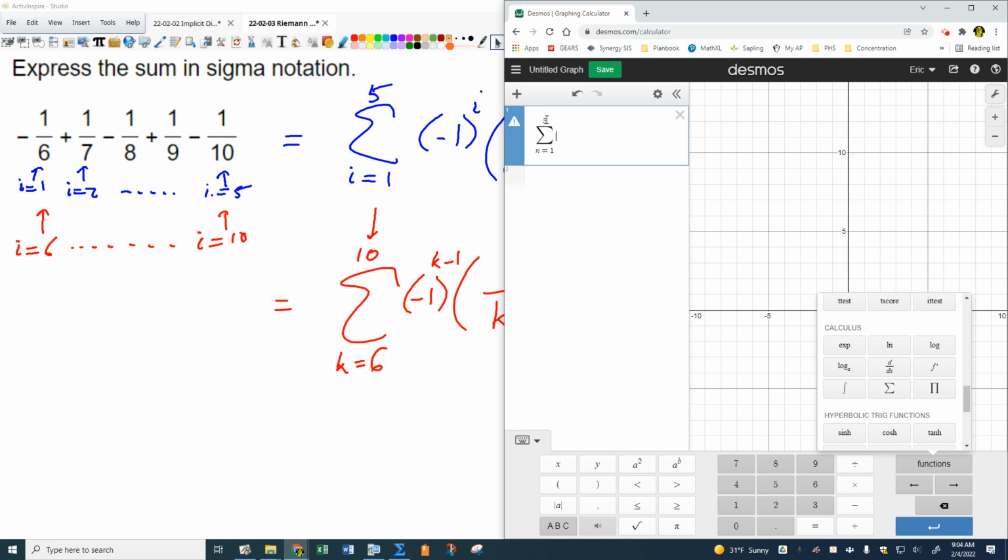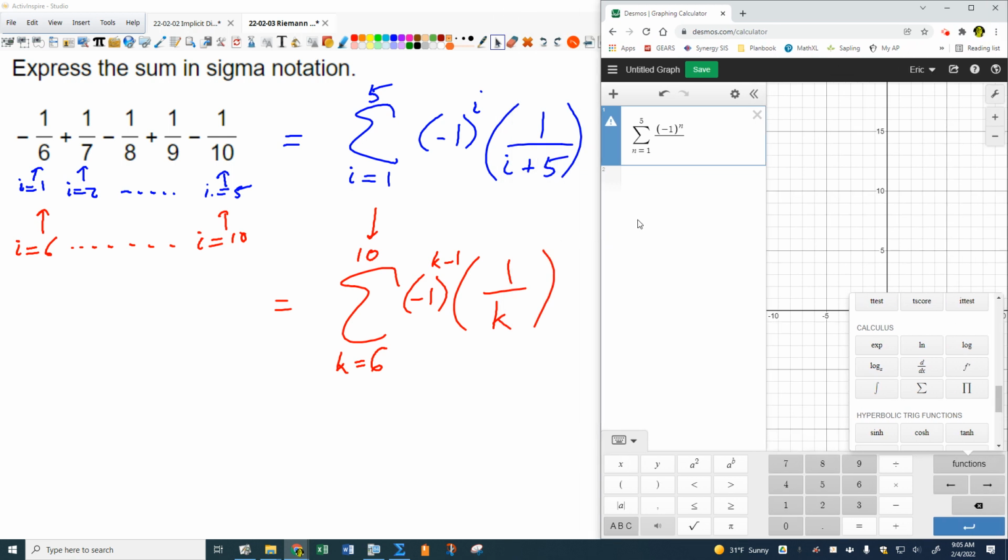5 of negative 1 to the n times n plus 5.